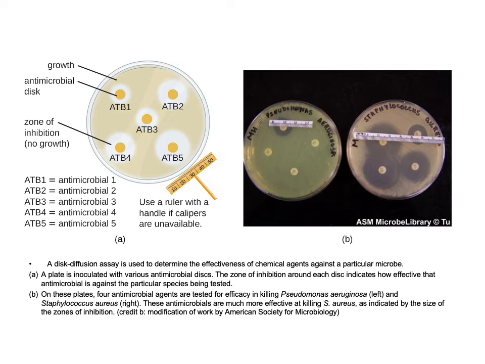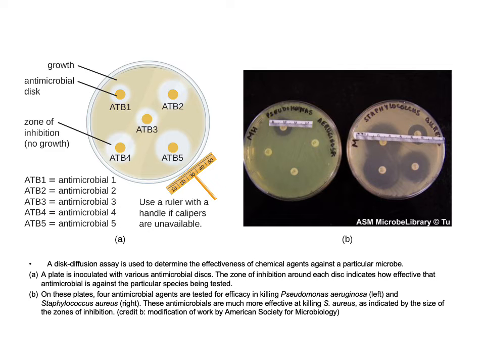Whatever you are evaluating is on that disc. When you tap that disc onto that petri plate, you then incubate it. And then you can measure what's called the zone of inhibition, where no growth of that bacteria occurred because whatever it is you are evaluating affected the growth.